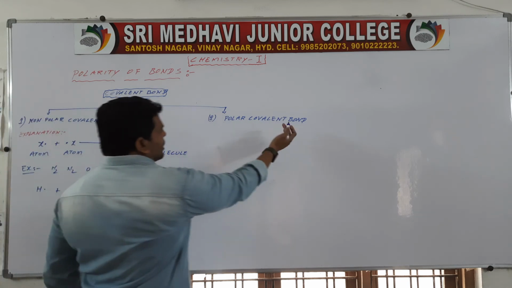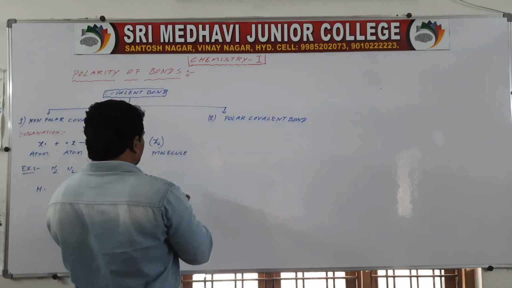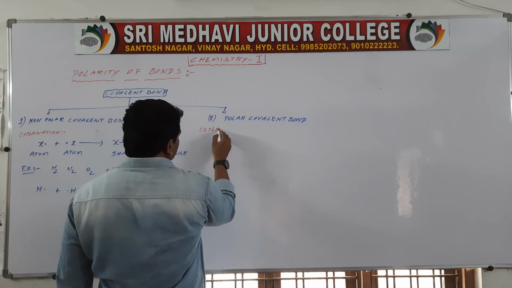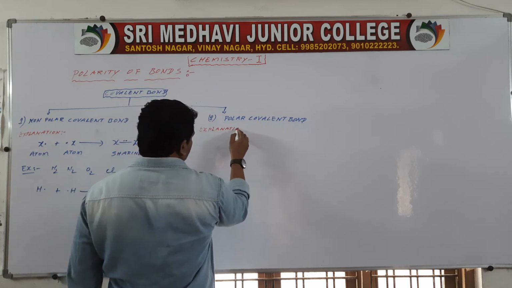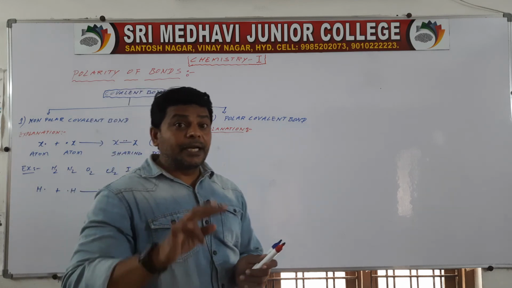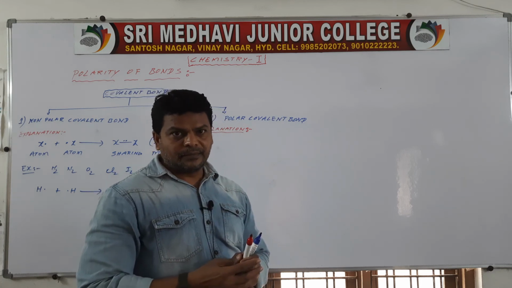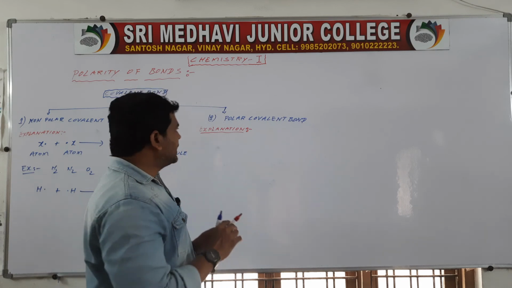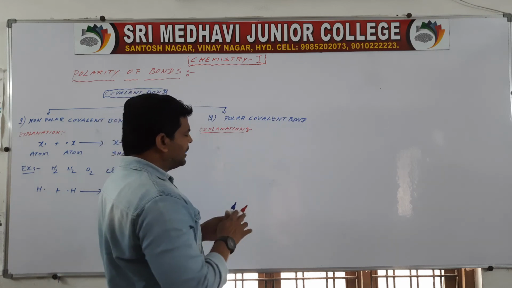Next, polar covalent bond. Here, one electron pair is shared by two different atoms. Then that is nothing but a polar covalent bond.